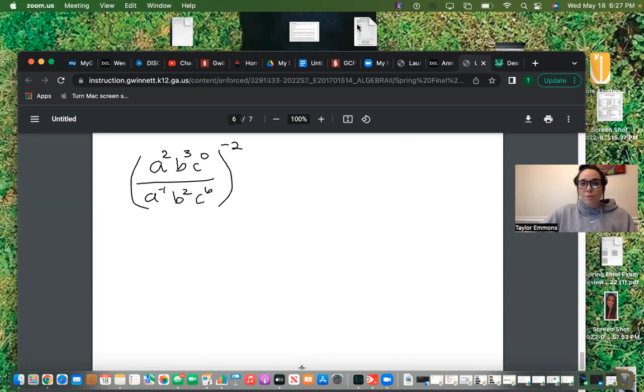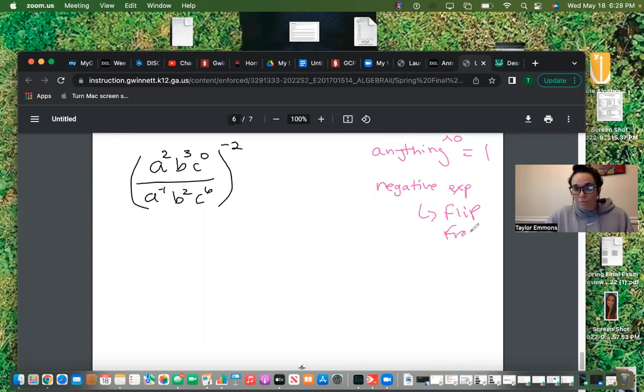Okay, so just a reminder of your exponent rules. If you have anything raised to the 0th power, it's going to equal 1. Okay, so if you see this c to the 0th power, that's automatically going to be 1. You can kind of like ignore it. Okay, another thing is negative exponents flip the fraction.